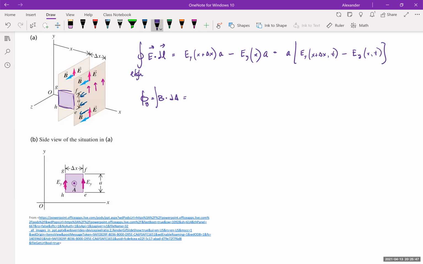Now, if we assume that this purple area is relatively small, small enough, at least as far as delta x is concerned, so that the field Bz, which we know the field is only in the z direction, is constant enough over the square, or I guess rectangle, that we can factor it outside the integral.